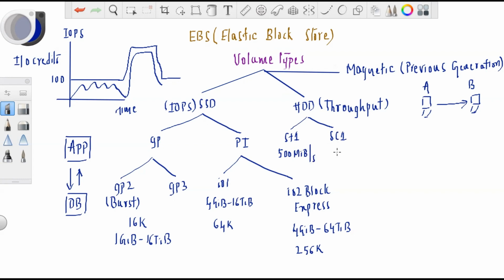And cold HDD volumes are the lowest cost, designed for less frequently accessed workloads with maximum throughput of 250 megabytes per second.